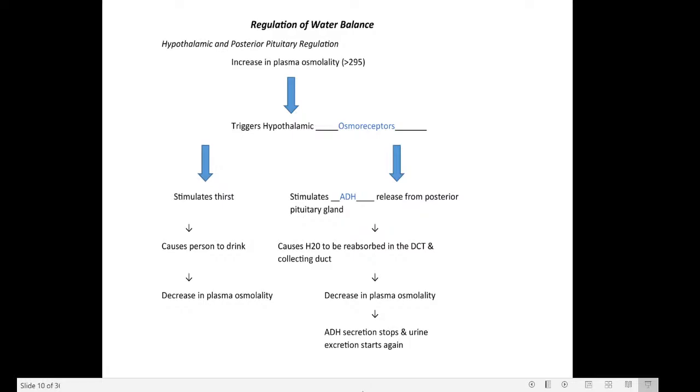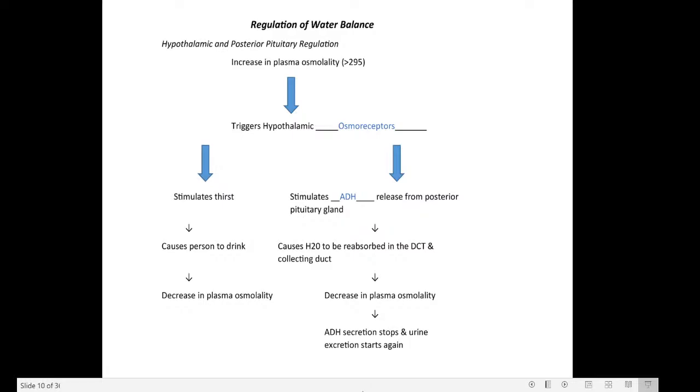It makes the signal in the hypothalamus and stimulates ADH, the antidiuretic hormone, which is released from the posterior pituitary gland. It causes H2O to be reabsorbed in the collecting duct. It decreases the plasma osmolarity. That decreased osmolarity makes urine excretion, and that is the sense of urinary excretion.